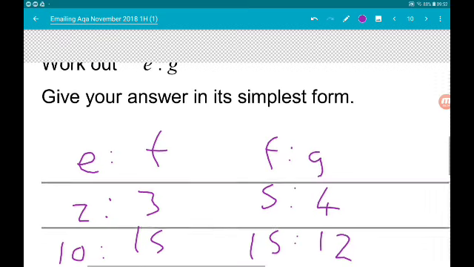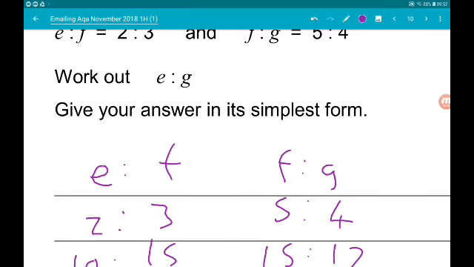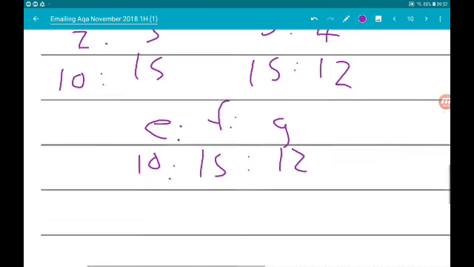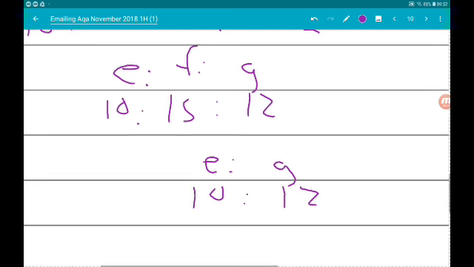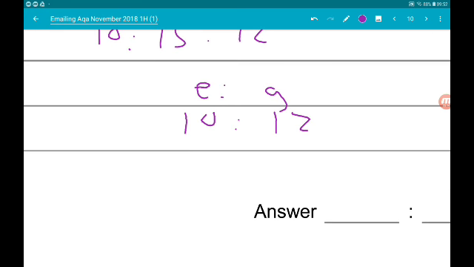Now we want e to g. So all that we do there is cut out the middleman. So e to g is 10 to 12, which has a common factor of 2. So it's 5 to 6. Cool.